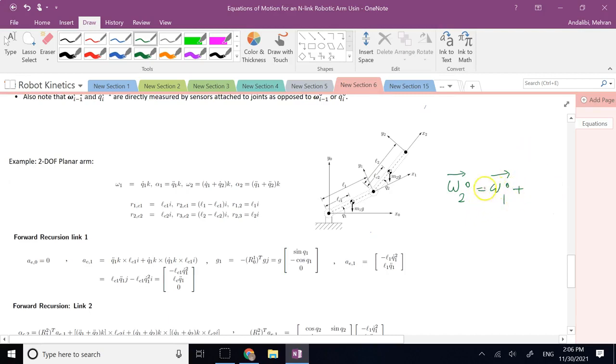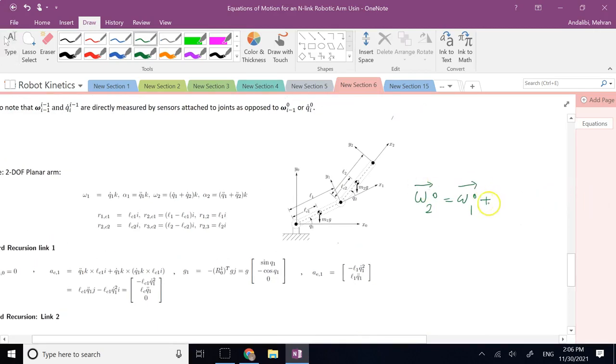But since everything here is written in frame 0, I cannot really write omega of 2 with respect to 1 unless I multiply it by the rotation matrix of 1 with respect to 0, so I bring the whole thing down to frame 0. So what I do is, I say, well, this link 2 is rotating with angular velocity q2 dot with respect to 1.